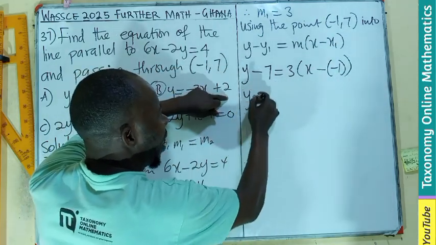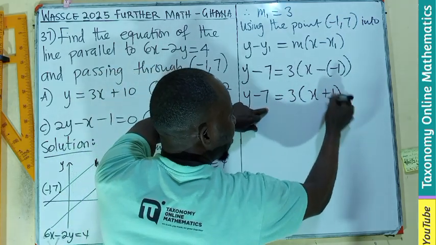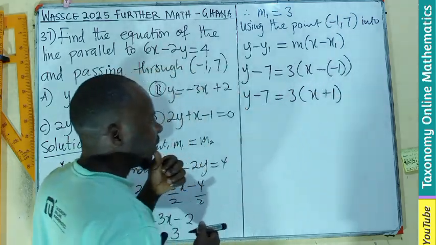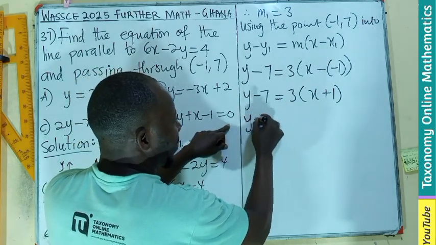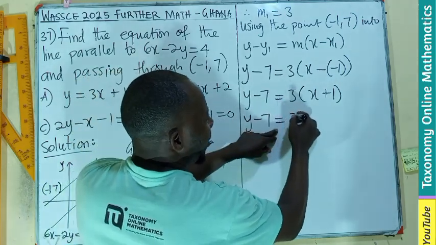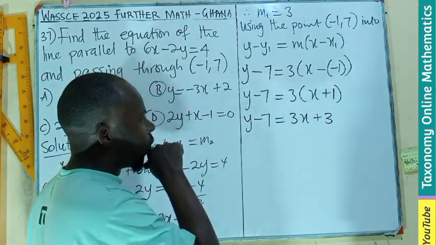Let's move further. y minus 7 equals 3 times x plus 1, negative becomes positive. Let's expand this. That will give you y minus 7 equals 3x plus 3.